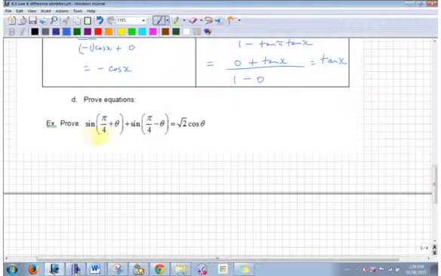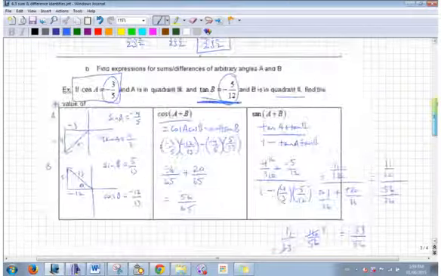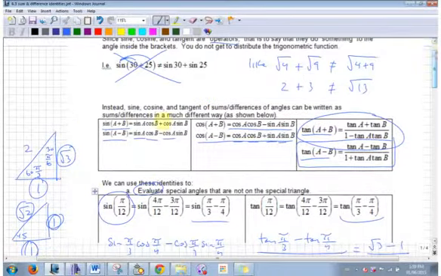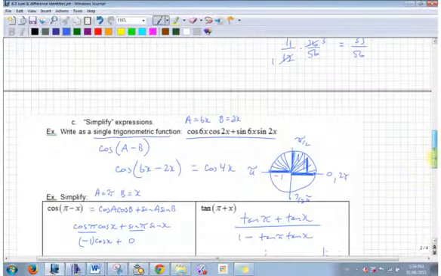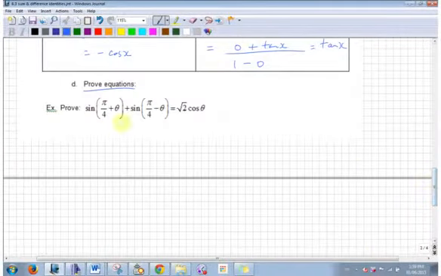Okay, last one. Sine of pi over 4 plus theta plus sine of pi over 4 minus theta. Prove. It means it is equal. We've got to prove it. Does this look like an identity on the left here? That's just sine A plus B. Okay, there's a plus here.